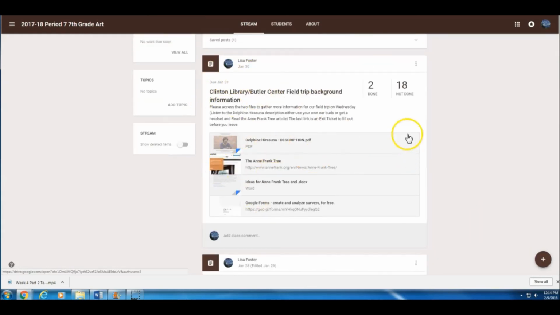Then another day, they had another activity where they were going through the Delphine Hirasuna podcast. They were learning a little bit about the Anne Frank tree, and there were some other activities for them to do, and then there was an exit slip for them to fill out.